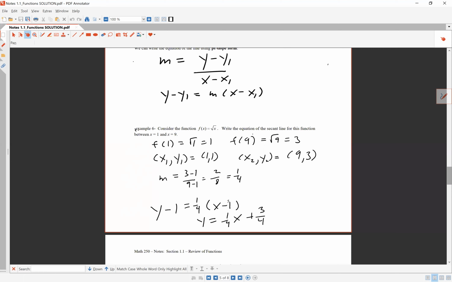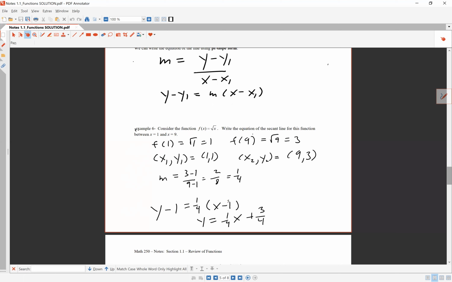So let's just plug in. What's the value of y when x is 1? f of 1, the square root of 1, is 1. When x is 9, the y value is 3. Square root of 9 is 3. So the square root function goes through 1 comma 1 and 9 comma 3.